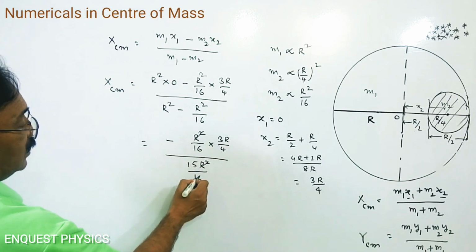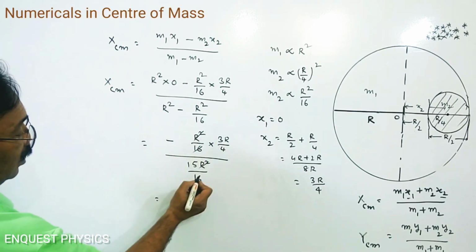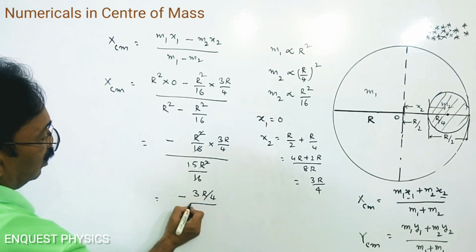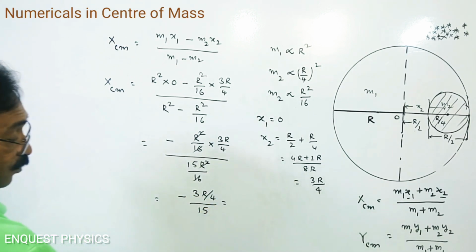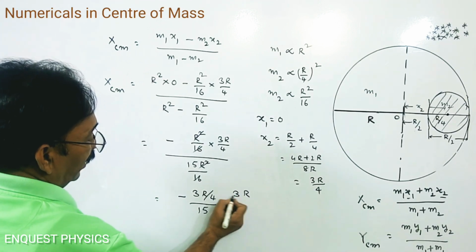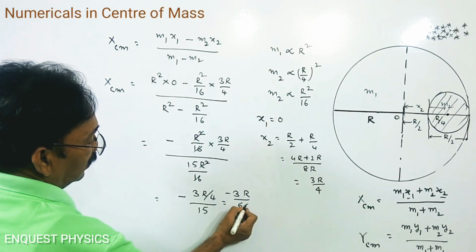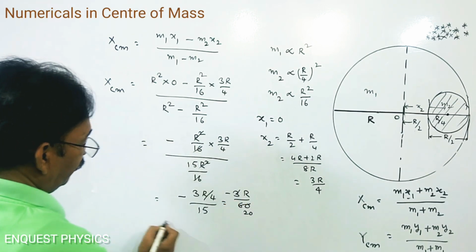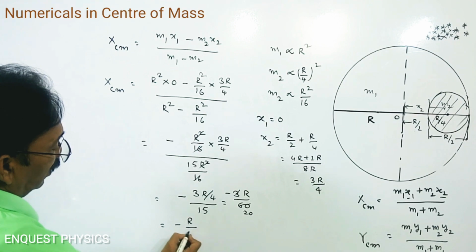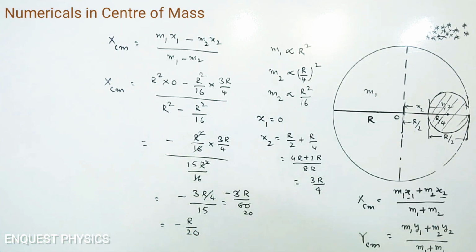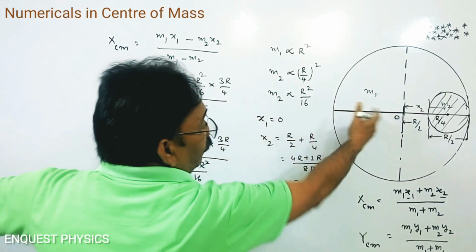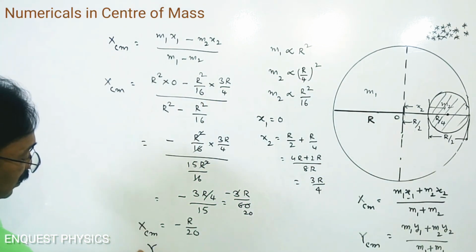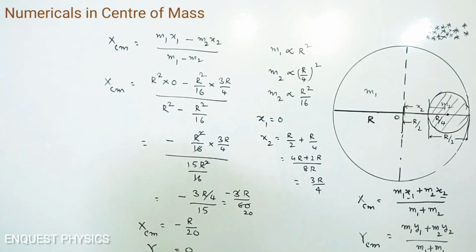R square and r square by 16 get cancelled students. What we have? Minus 3r by 4 by 15. That is minus 3r by 60. Okay students, 3 1s are 3, 3 20s are 60. That is minus r by 20. Okay, it moves here. Okay students, similarly you can find out the ycm as 0.